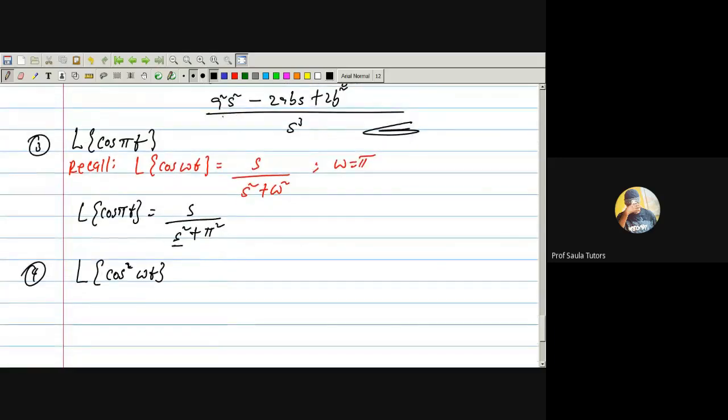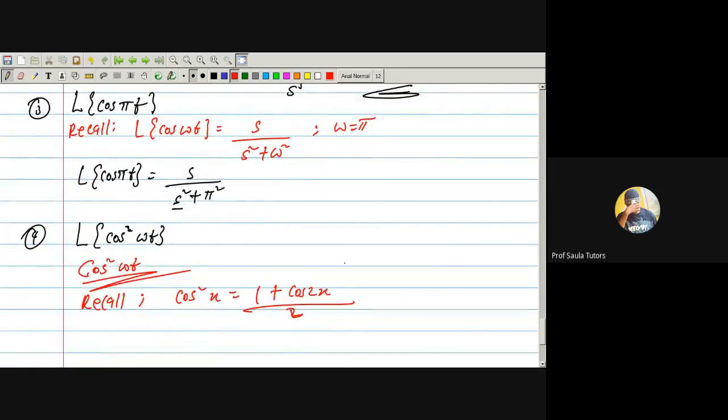Firstly, bring out this term and deal with it first: cos squared omega t. Now, recall that cos squared x is the same thing as (1 plus cos 2x) all over 2. This is why trig identities are very important. So here I can write it as 1 over 2 plus cos 2x over 2.